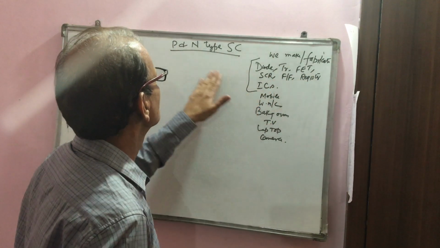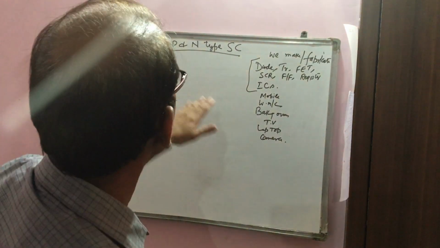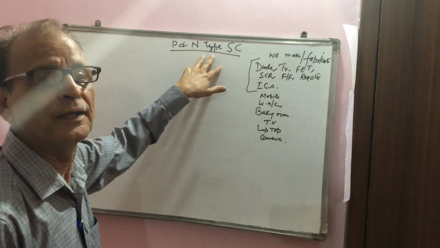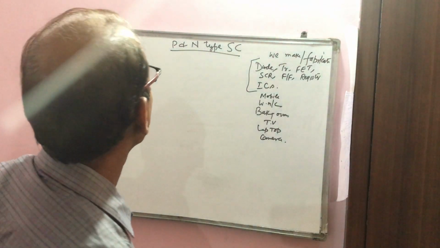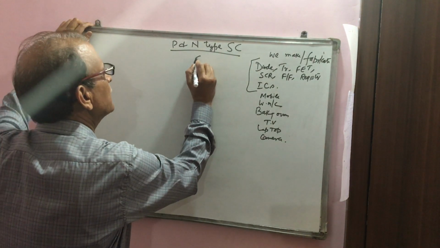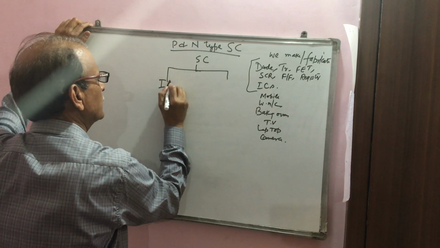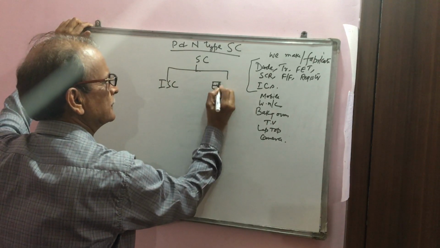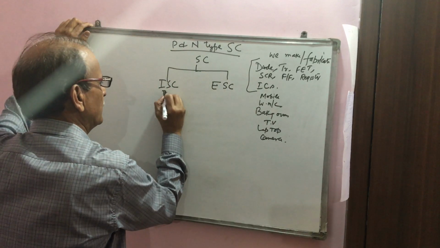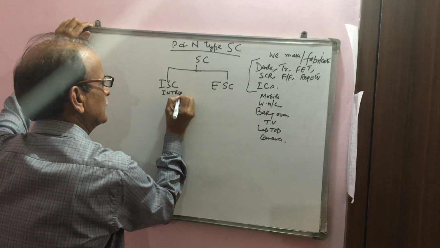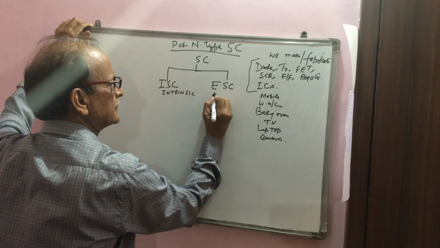Okay, we will start now with P and N type semiconductor. So semiconductors are of two types: intrinsic semiconductor and extrinsic semiconductor.